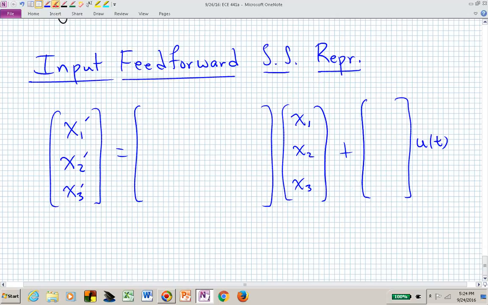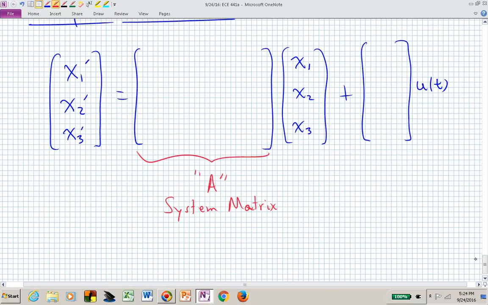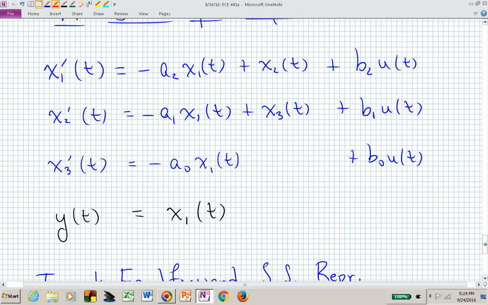Here is our A matrix, or the system matrix. We can build the first row by looking at the x1 prime equation. We need to scale x1 by minus a sub 2. We need to scale x sub 2 with a 1.